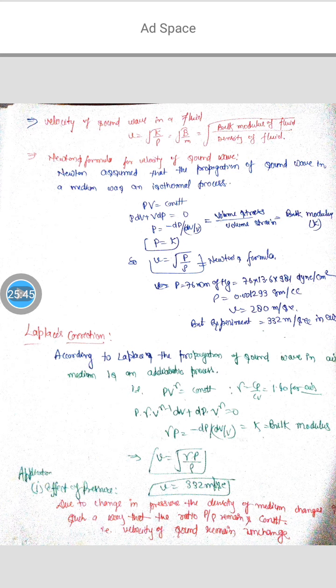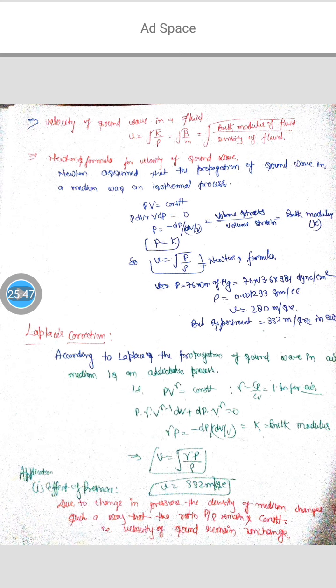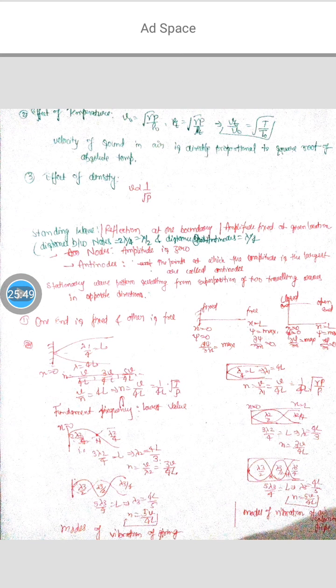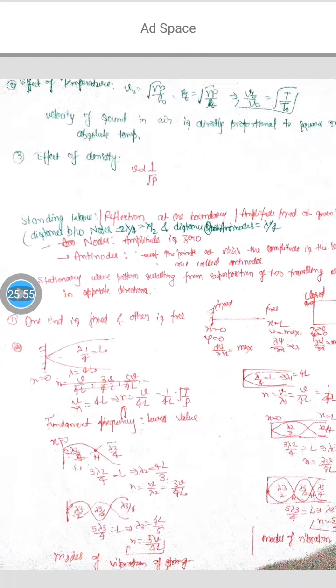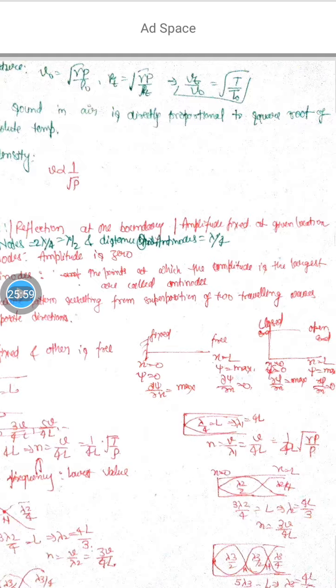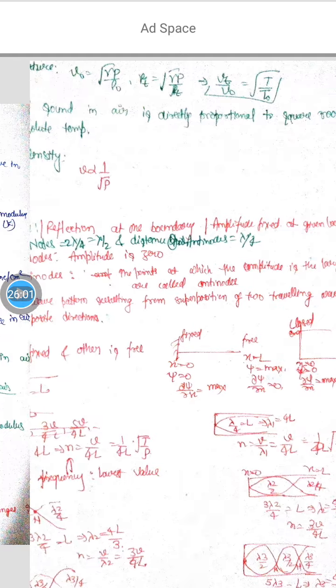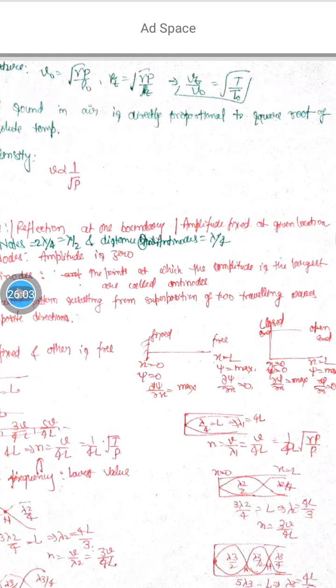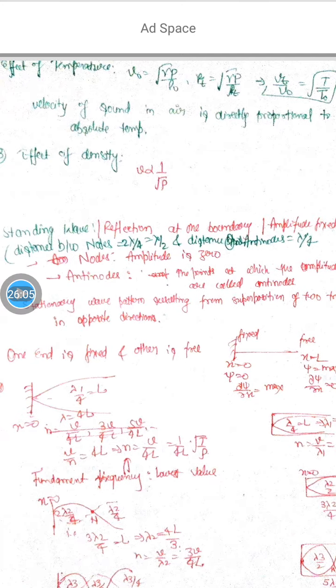That's why pressure has no effect on the velocity. So let's see the temperature. The velocity of sound in air is directly proportional to the square root of the absolute temperature. And velocity is inversely proportional to the square root of density.